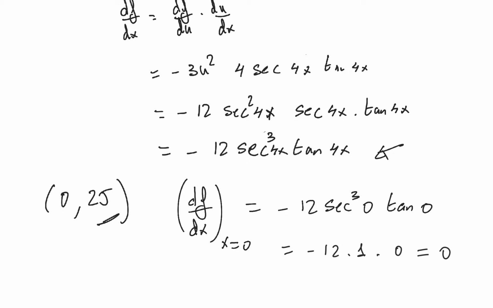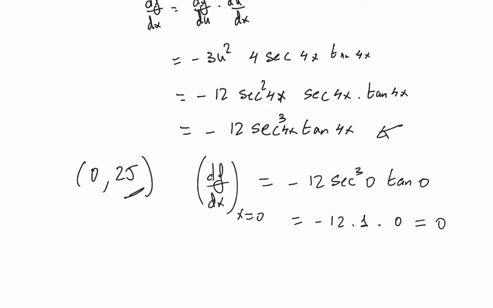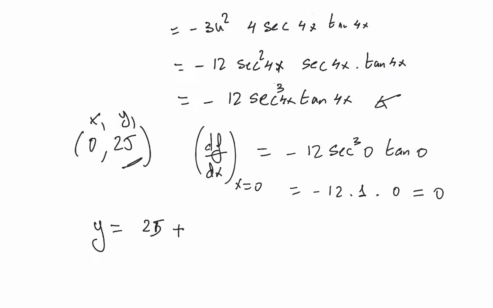So what is the graph? The graph is y equals y1, this is x1, this is y1. Y equals y1, y1 is 25, plus the slope, which is 0.